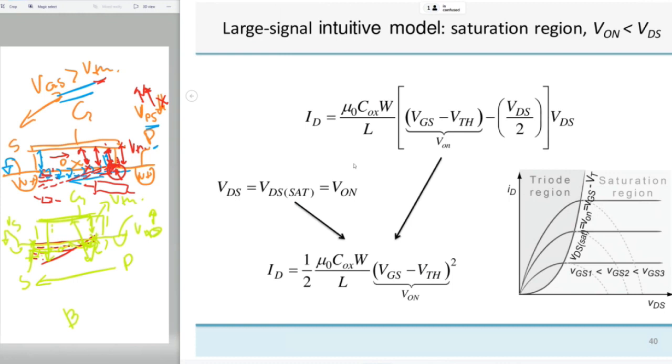But as a first order effect, what we say is that at a certain drain-source voltage, the saturation voltage equal to V on, this equation is transformed into this equation. If you substitute this drain-source voltage with V on, you'll get this equation. And you see that the current loses its dependence on the drain-source voltage, and the current remains here. It is determined by the conductivity of the channel.